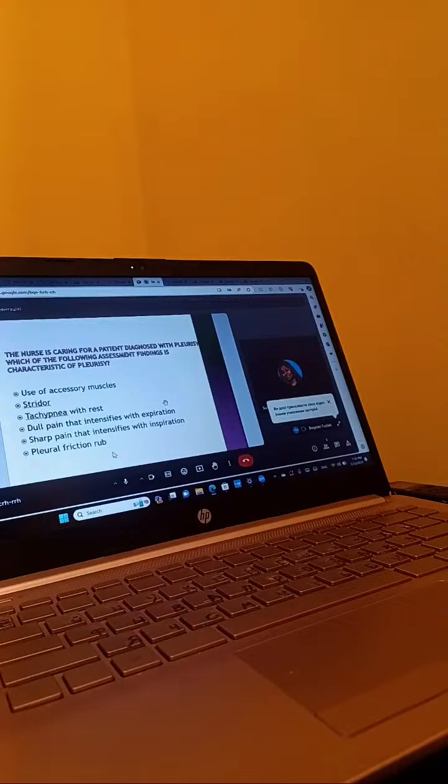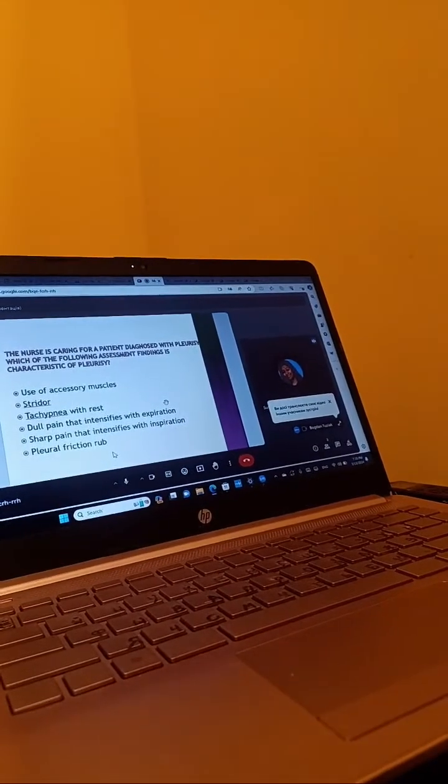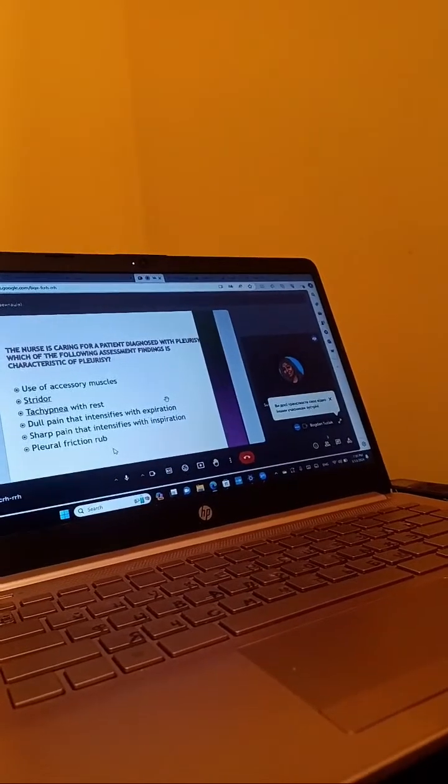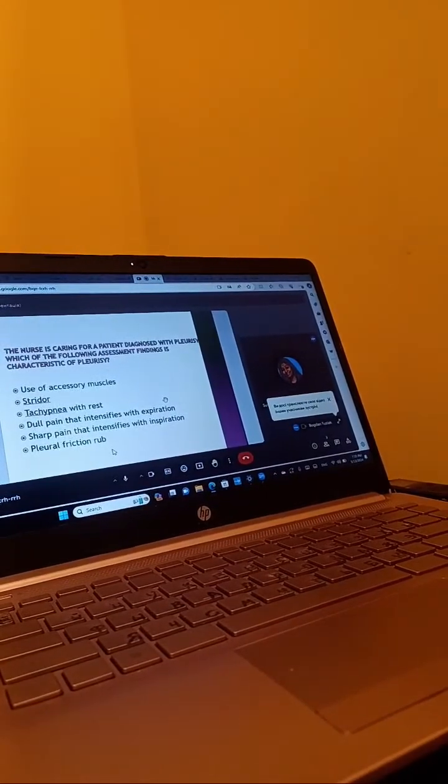chest. Intercostal retractions is what you mean. Like not regular breathing. When you're regularly breathing, you're not having retraction of the intercostal muscles. Intercostal muscles are the muscles between the ribs, right? We have 12 ribs, the thoracic rib cage.